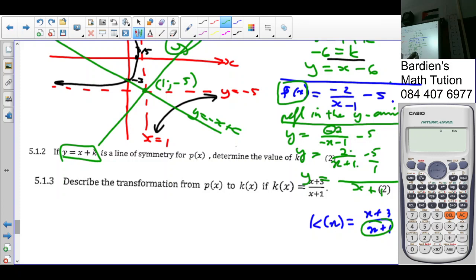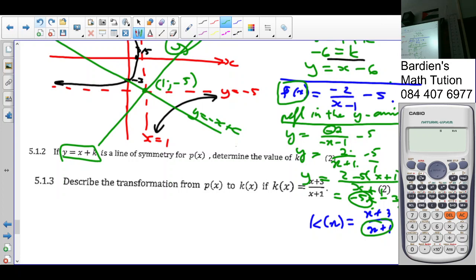So I multiply that by 1, that becomes 2, minus 5 times x plus 1, which now becomes negative 5x, minus 5 plus 2 is negative 3 over x plus 1. But there is now a problem there. What's the problem? It's the negative 5 here.